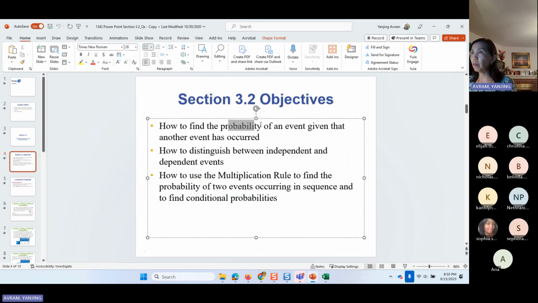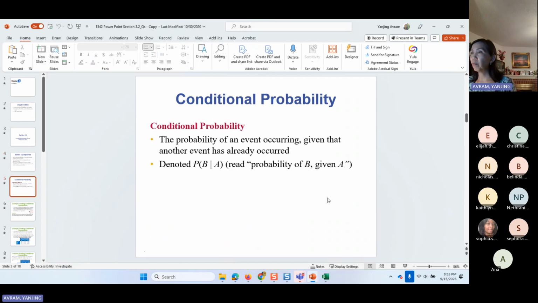So how do you find the probability of an event given that another event has already occurred? Then how to distinguish between a dependent and independent event, and then using the multiplication rule to find out.